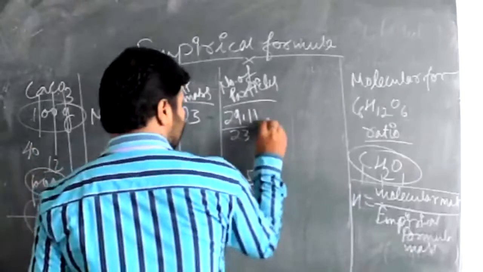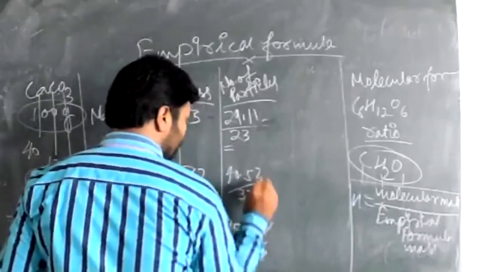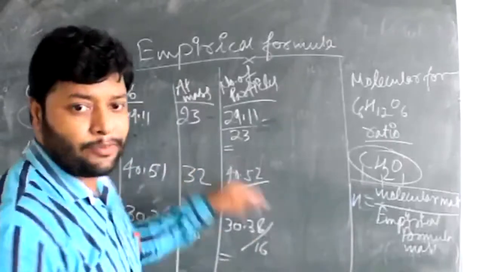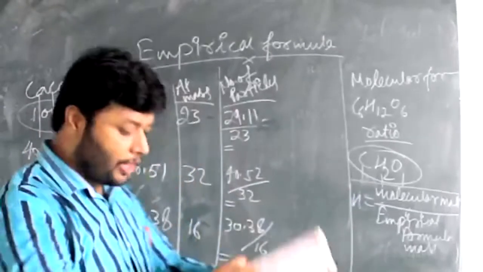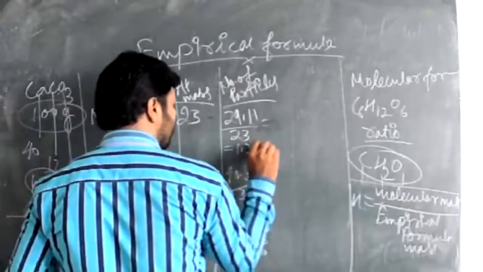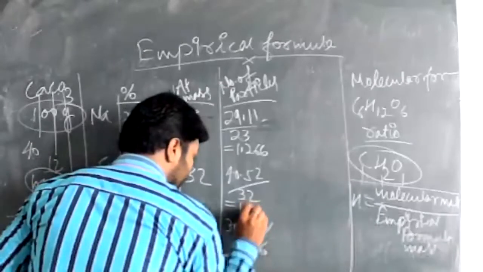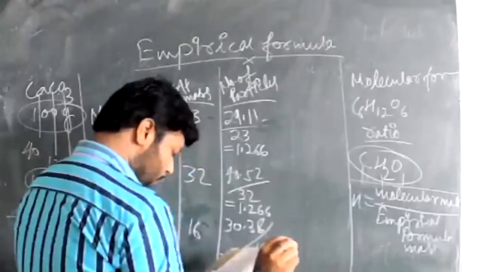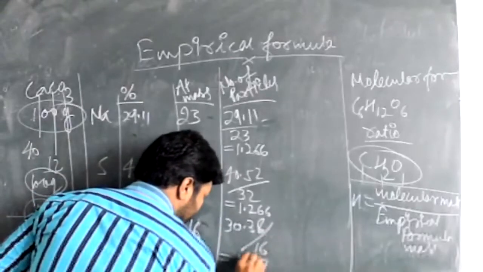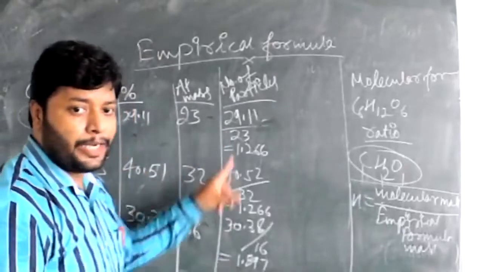Solve this value. What will be the value? The value is already solved here: 1.266, and 1.8797. This is the value after calculation.